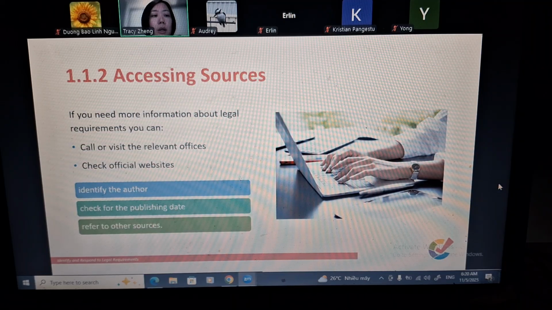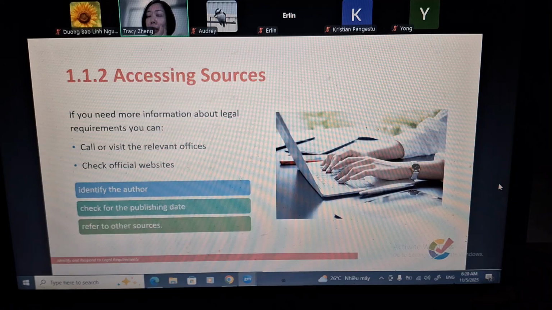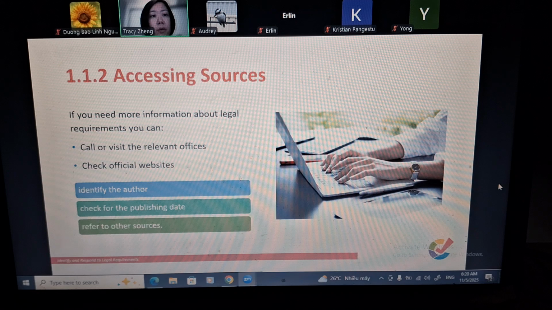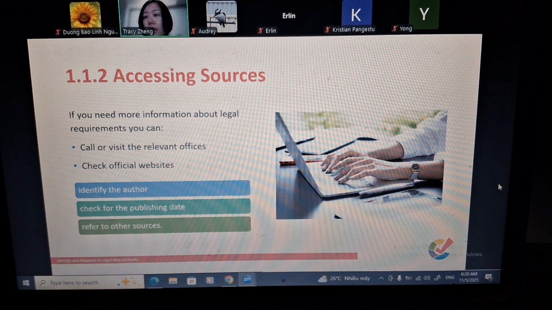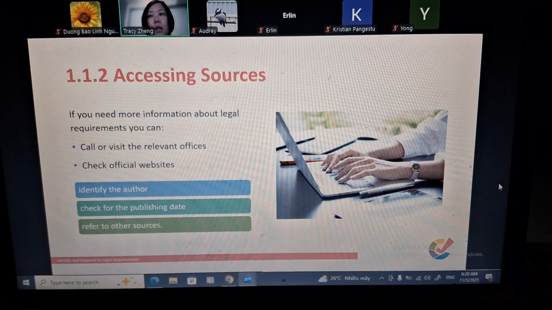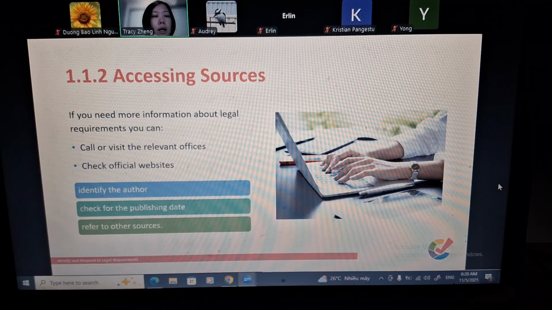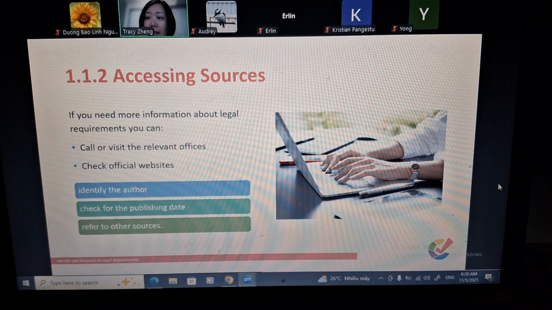official website. So firstly, when you're getting that information, you may also cross-check and identify the author. Some websites do list that these journals or information are written by somebody, and check the publishing date. Why is it important to check the publishing date? Because you can make sure you are getting the most up-to-date information.